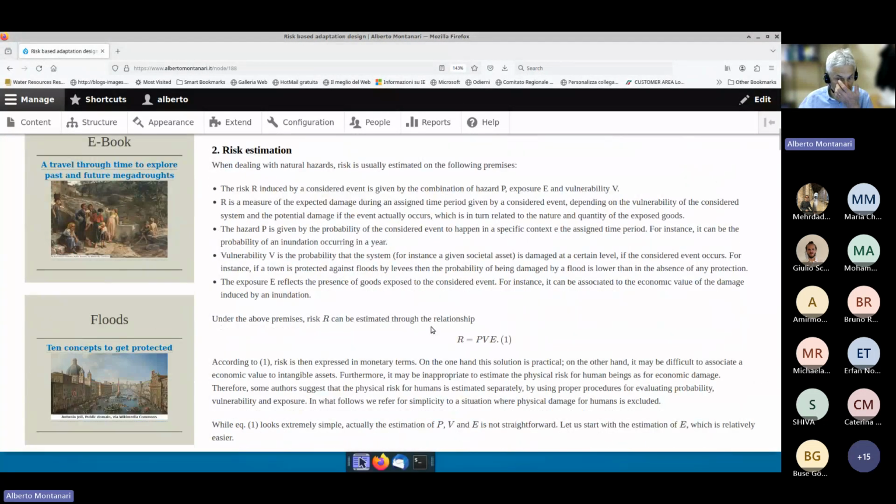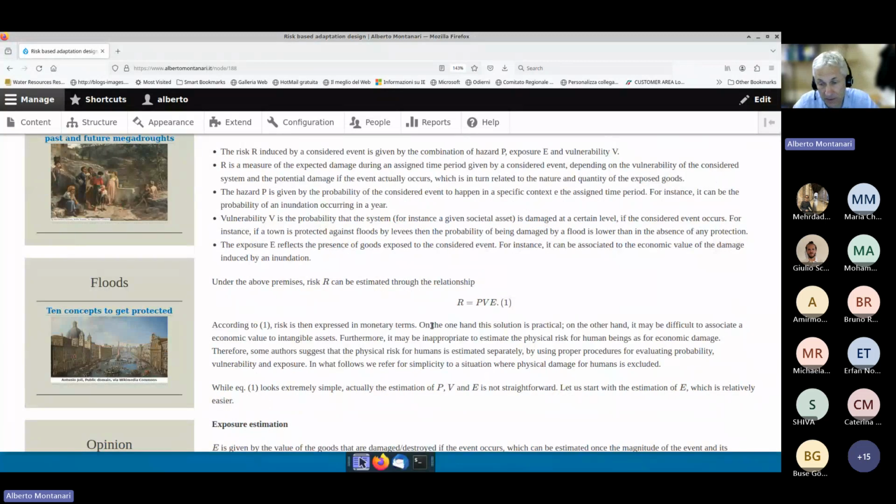Perfect. So risk estimation, as I said, we introduced the terms of this multiplication. It's a very simple multiplication. The three factors are probability, which is the frequency of the considered event, given the symbol P, and then we have vulnerability V and exposure E. We also said that the units of R, the risk, are given by the units of exposure.